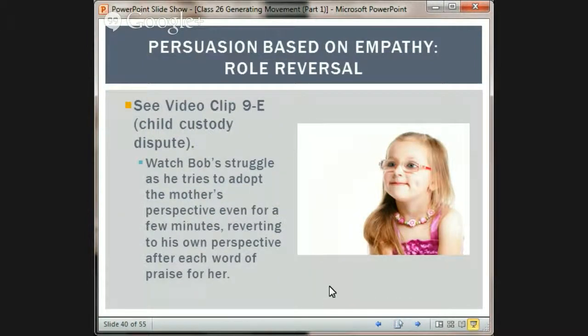There is the video clip featuring the child custody dispute, and the authors suggest that you watch Bob struggle as he tries to adopt the mother's perspective, even for a few minutes, reverting to his own perspective after each word of praise for her. So, one step forward, two steps back.